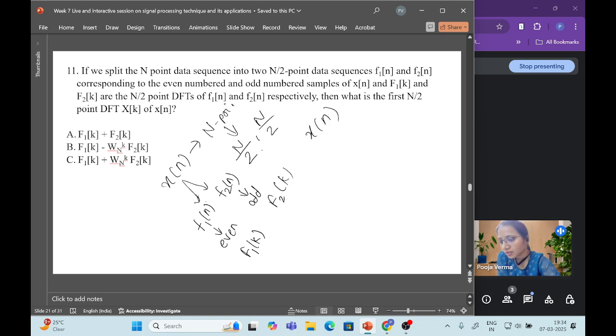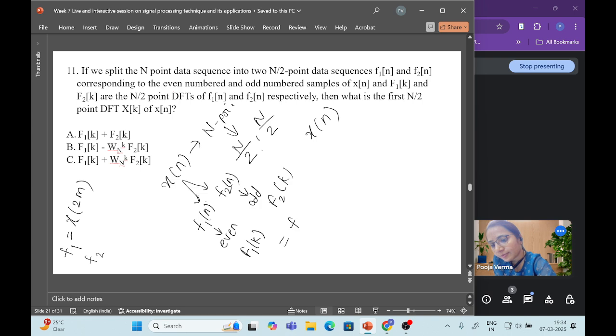So first we will write the equation of the DFT, then we will solve. So already we know that f1 is the even-numbered, so we can write x(2m), right?